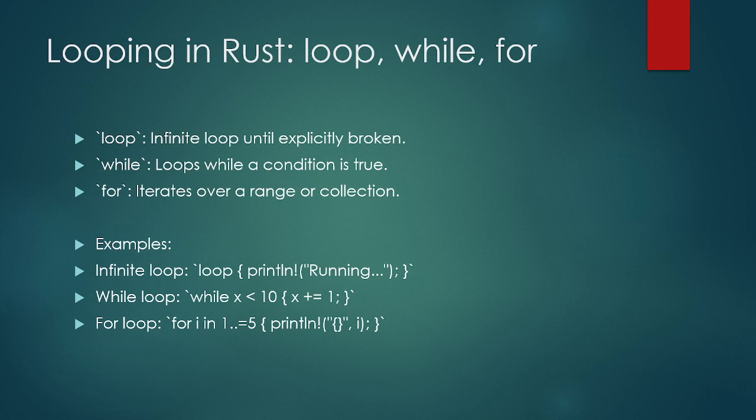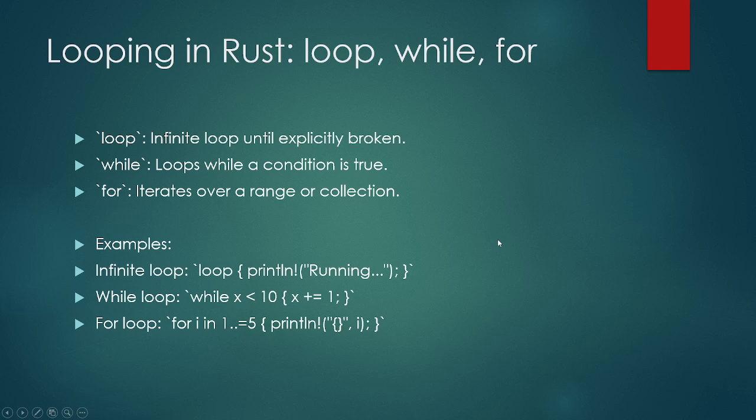That is loops: while and for loop. Rust provides three types of loop: loop itself, then while, and then for. I'm also giving an example of each, but before that I want to clear one thing. If you want to declare an infinite loop, until an explicit break, in that scenario we can use loop.